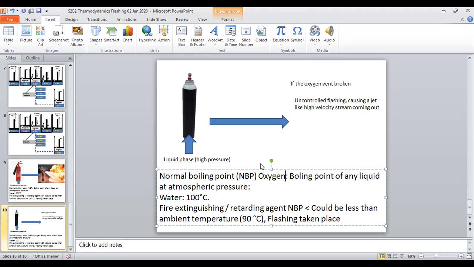Under ambient conditions, oxygen is in gas form. Later I will tell you the oxygen normal boiling point.